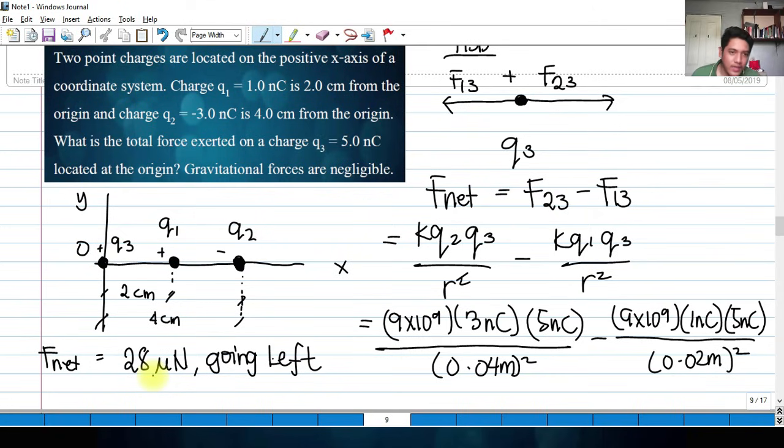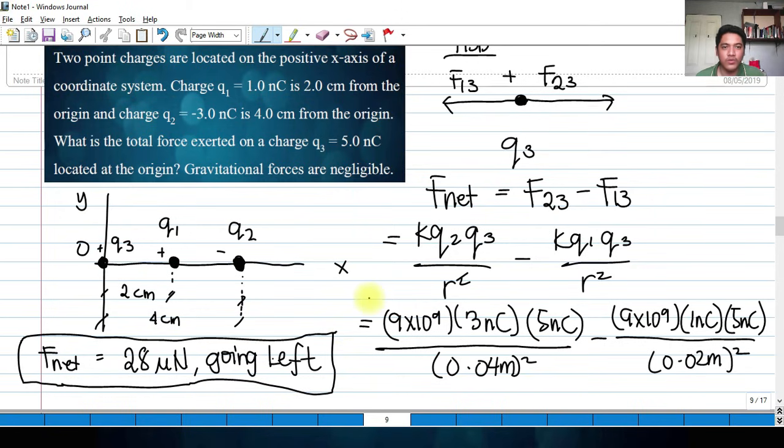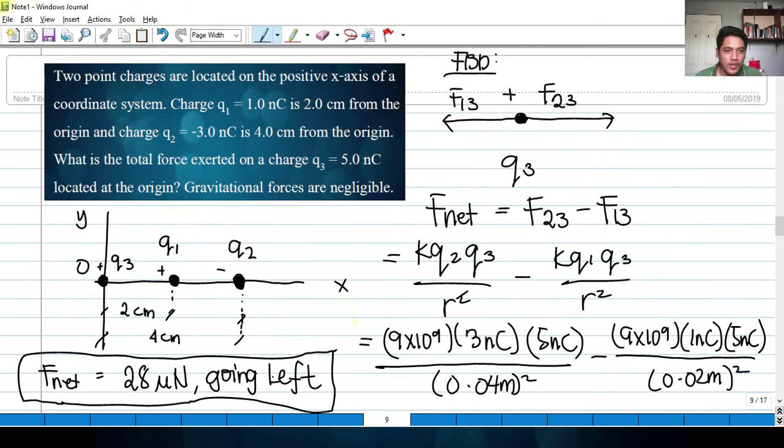The negative indicates that the direction of the net electric force experienced by charge 3 is to the left. So we conclude that the net force is 28 micronewton, and the negative means it is going to the left.